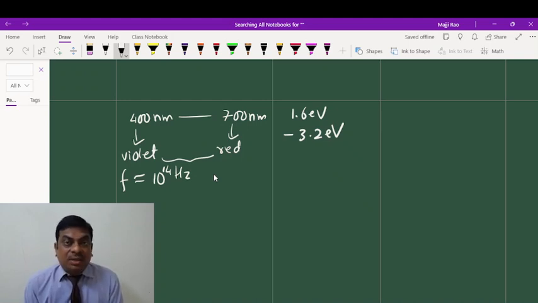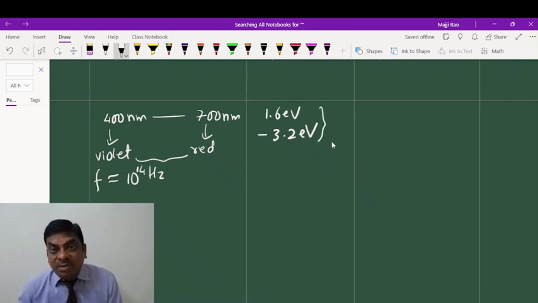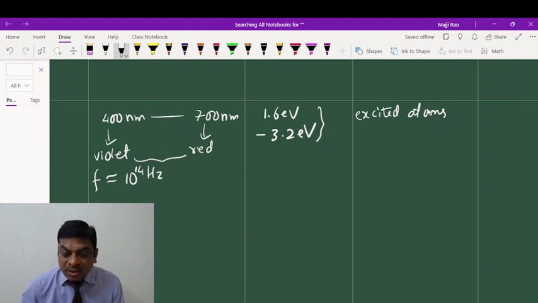So in certain atoms, when electrons jump to lower energy states from higher energy states, that is, when atoms tend to regain the ground state from excited states, they eject the excess energy, and if that energy happens to be in this range, then certainly light will be emitted. So basically, it is emitted by atoms in the excited state when they come back to the ground state.